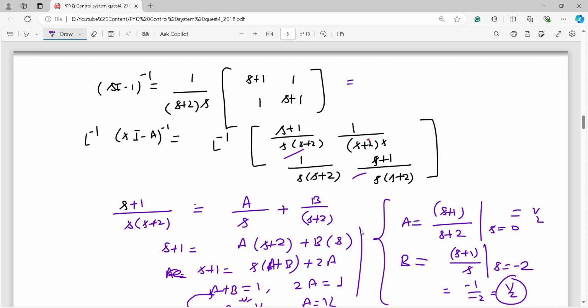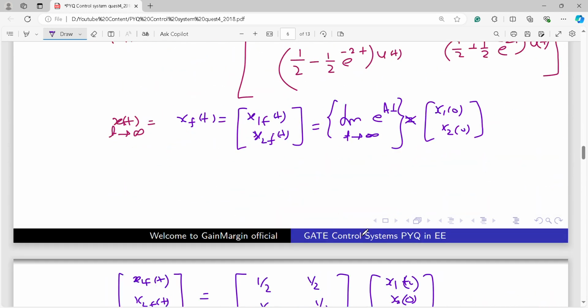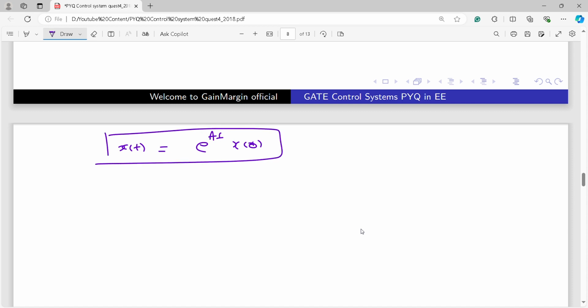Let me write here. Here we can say x(t). Okay, so what we are doing here is e to the power At and x(t). All right, we are doing it like that. This is the initial condition.